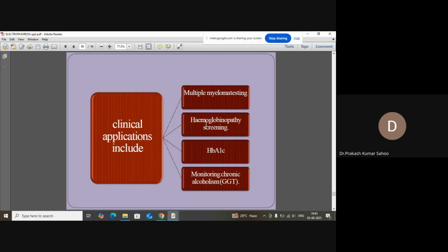So clinical applications: multiple myeloma testing. This is hemoglobinopathy.